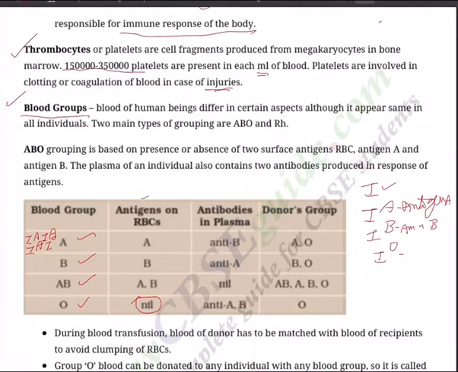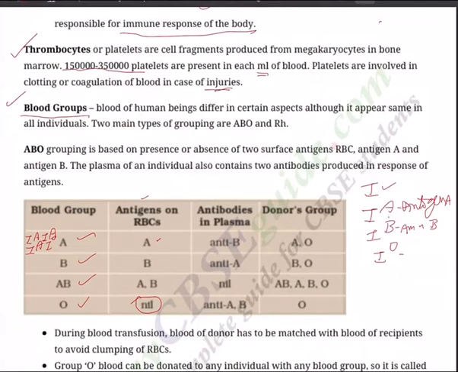And the antigens, where are they present? What is an antigen? Antigen is basically a protein. Where is it present? On the surface of the RBC, red blood corpuscles. So if antigen, a protein, is present on the surface of the RBC, then it is A antigen.